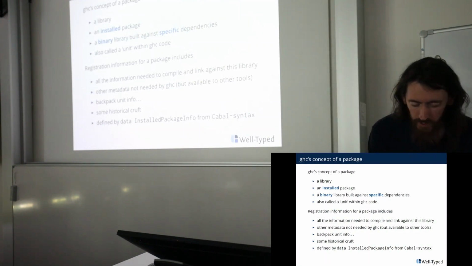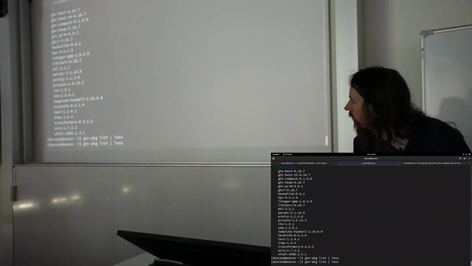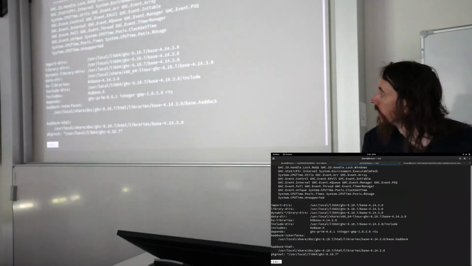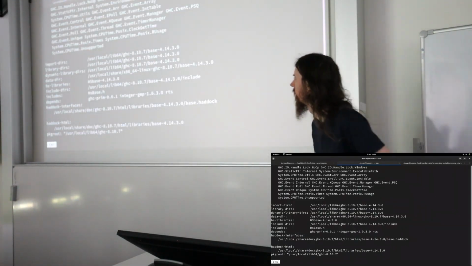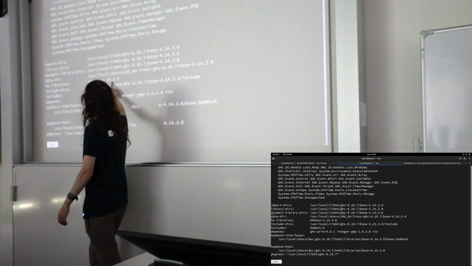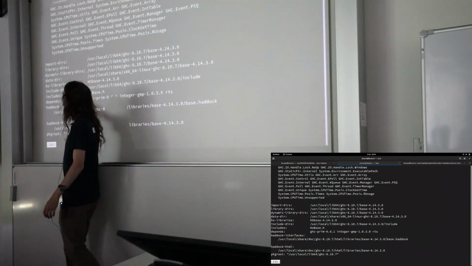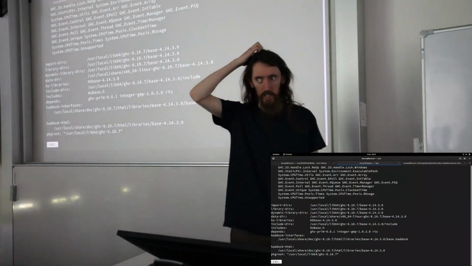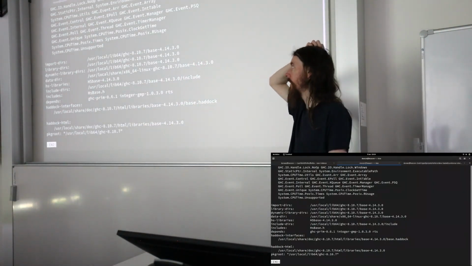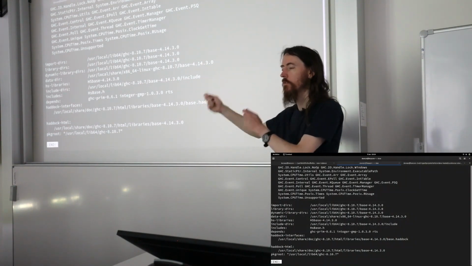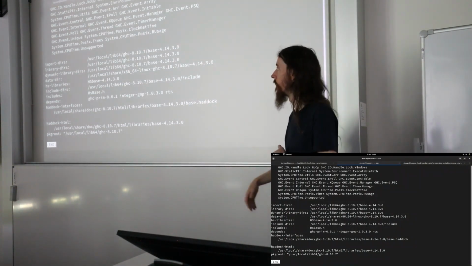So when we were looking at base, you mentioned Haskell library when you read that. So the HS libraries field is telling GHC the file names to link against for the actual Haskell binary compiled version of this unit.